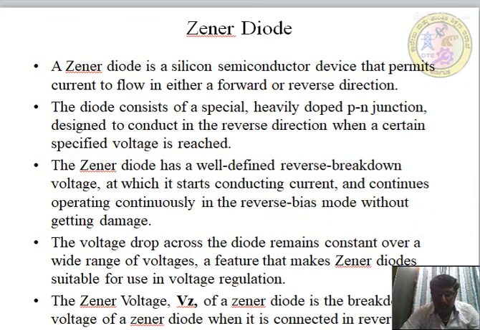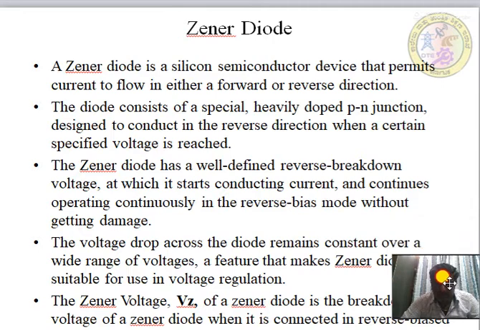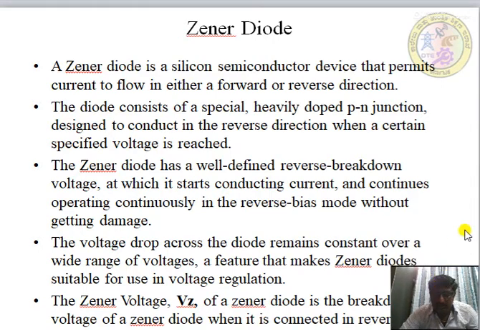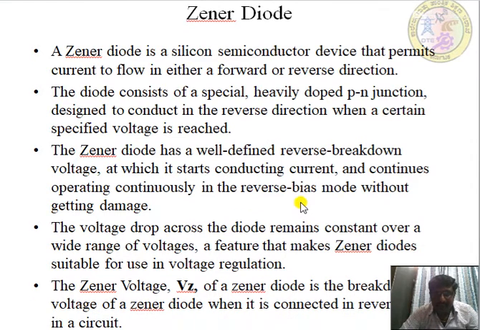The voltage drop across the diode remains constant over a wide range of voltages, a feature that makes the Zener diode suitable for use in voltage regulation. The Zener voltage is the breakdown voltage of a Zener diode when it is connected in reverse bias. So it has been designed for the reverse breakdown voltage.